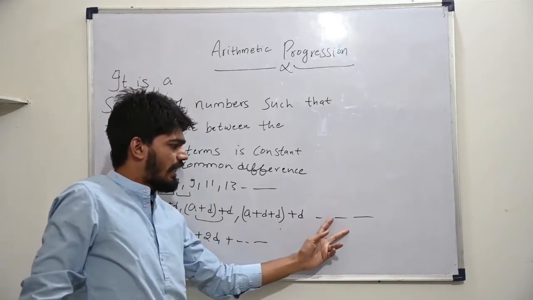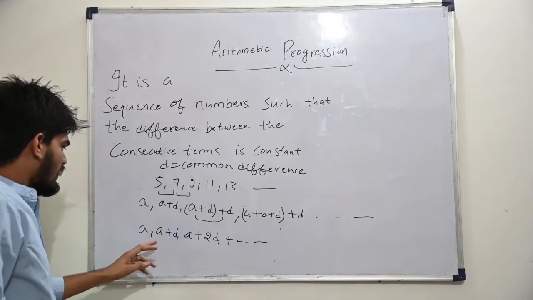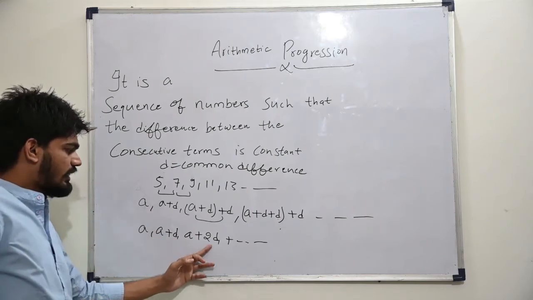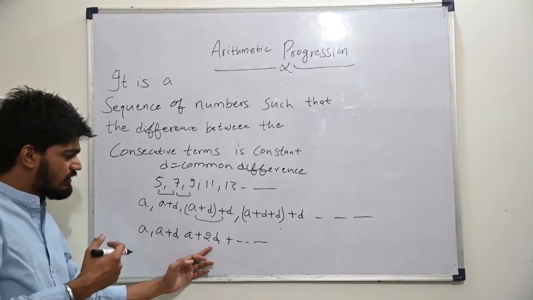So if we have the nth term, now we can see in the second term we have D, that means 2 minus 1. In the third term we have 2D, 3 minus 1 is equal to 2.